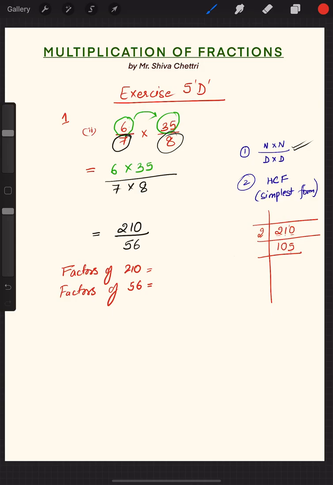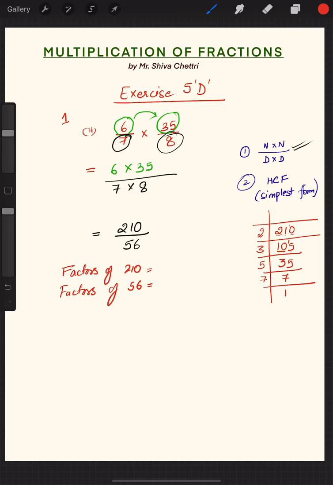Since in the unit place it's 5, and 5 cannot be divided by 2, let us check with 3. 3 can divide 105. 3 3s are 9, left over 1, it becomes 15. 3 5s are 15. 35 cannot be divided by 3, but 5 can divide 35. 5 7s are 35, and lastly 7 1s are 7.